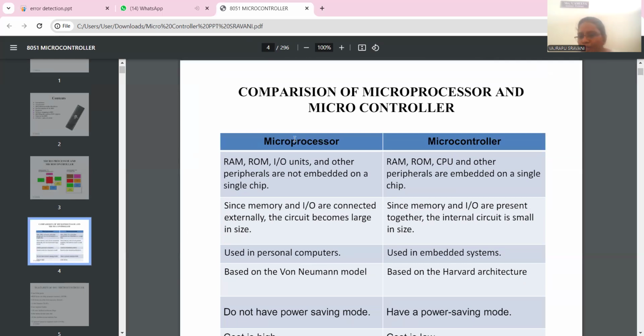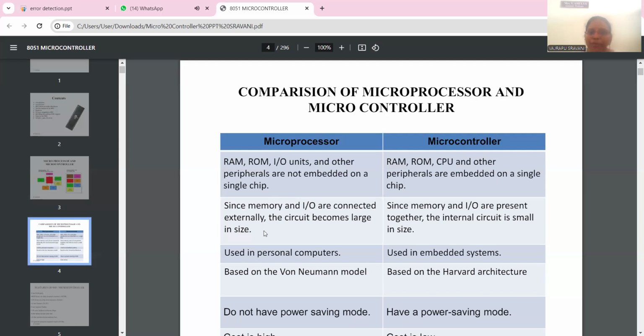The microprocessor we already discussed. A microprocessor has the CPU, with memory and input-output devices connected externally.